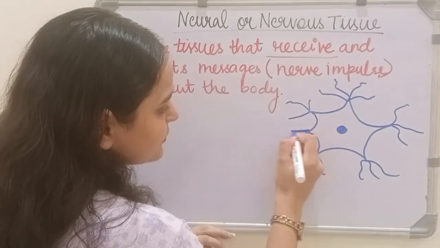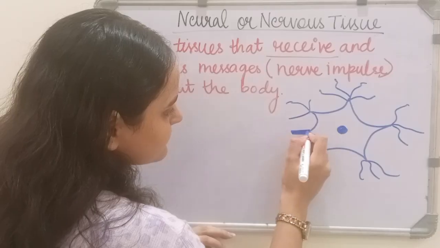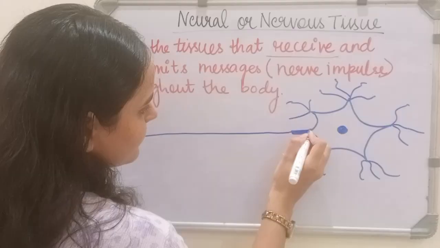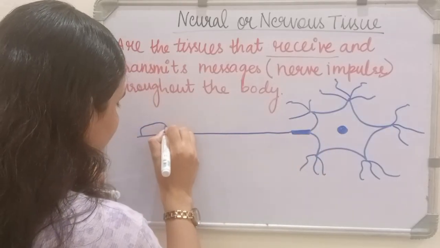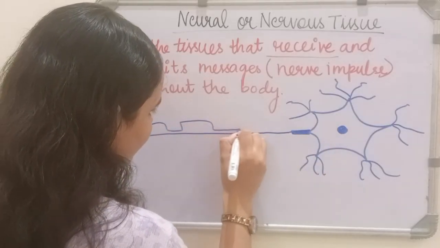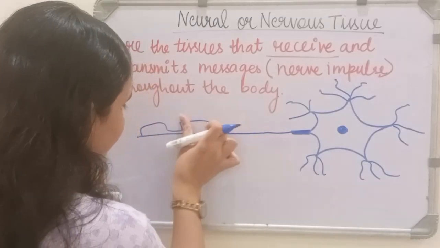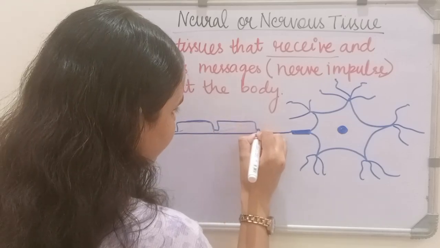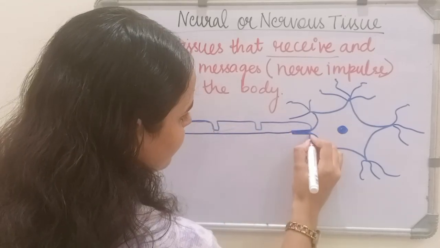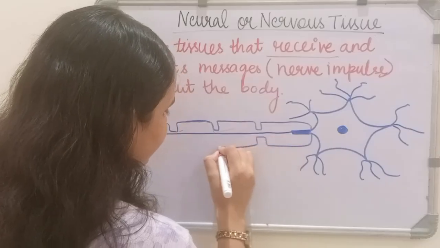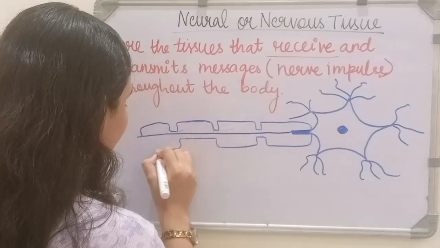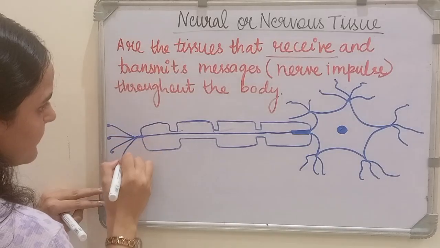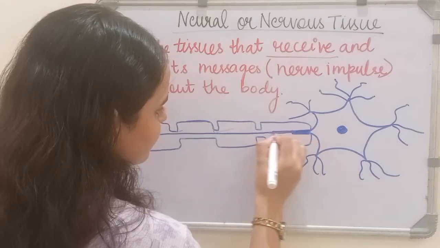This is axon. Okay, so let's draw. Okay, and this is the axon terminal. This is axon.